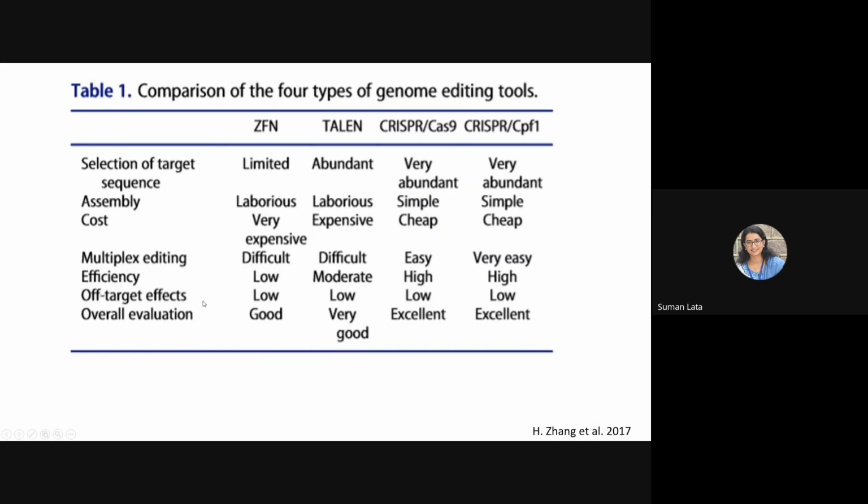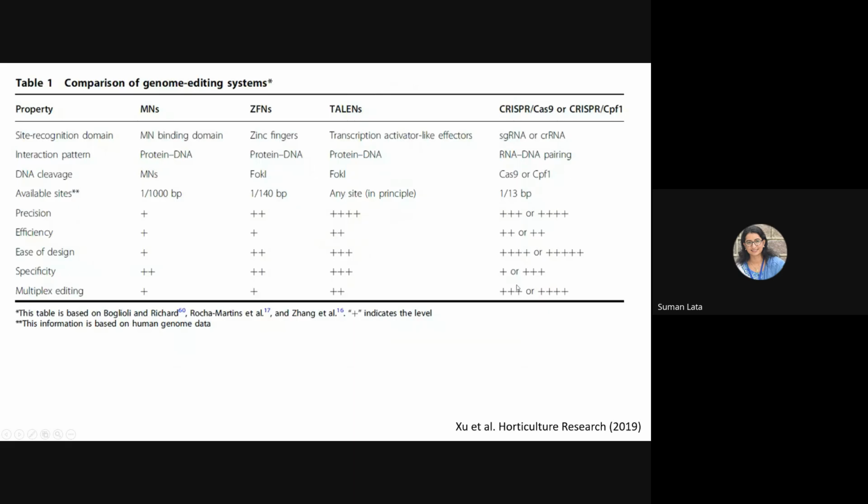So the off-target effects are low in all the systems. And if we talk about the overall evaluation, it is good for ZFN, very good for TALEN, and these two systems are excellent. So this is another comparison of the genome editing systems.